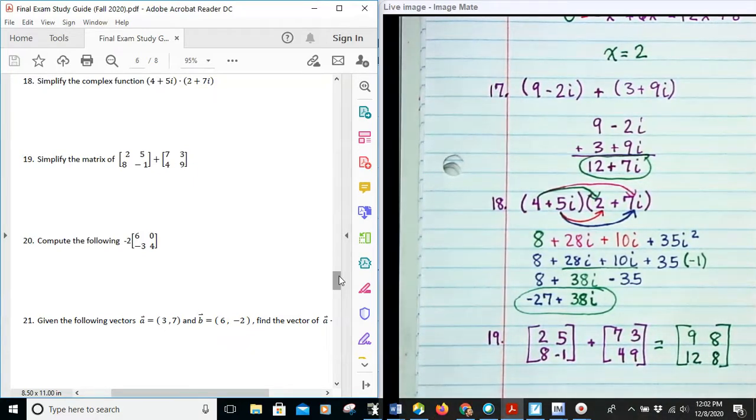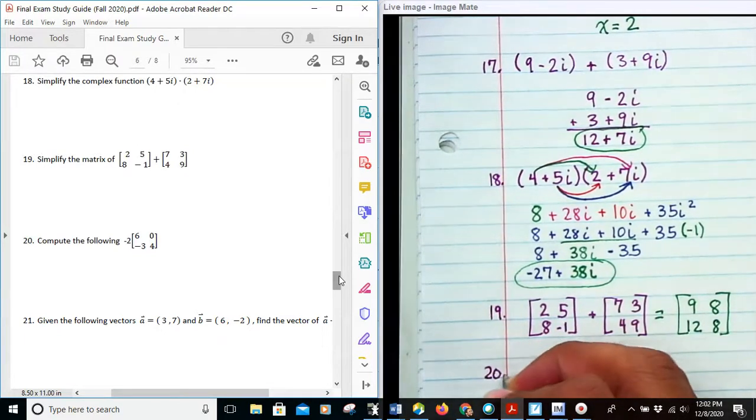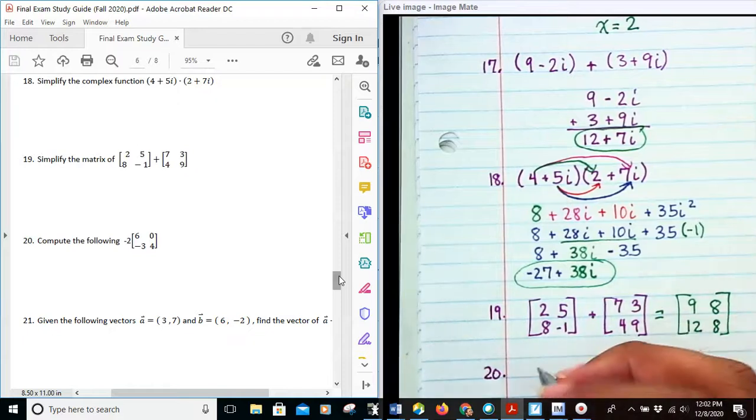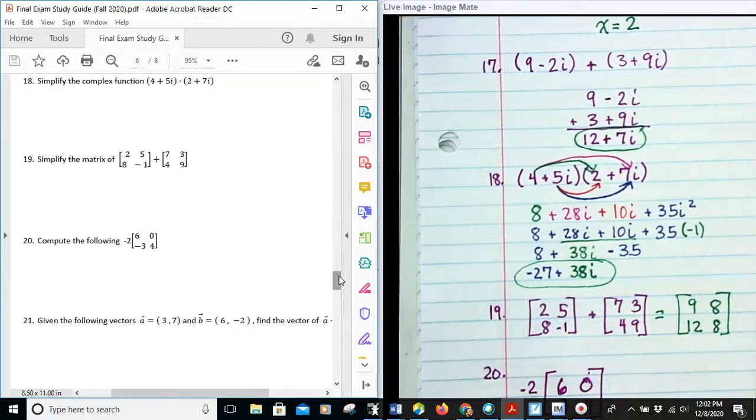All right. And then, guys, for the last one, this is the scalar multiplication. So we have -2 here. And we have 6, 0, -3, and 4. And again, with these, all we're going to do is just distribute it.